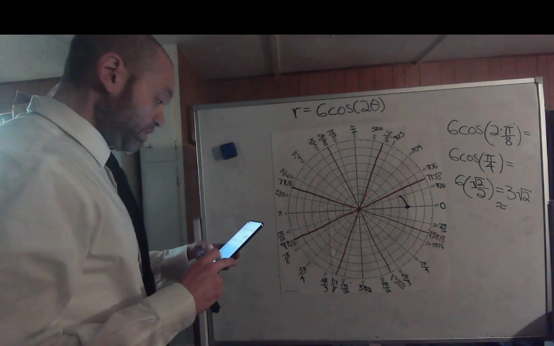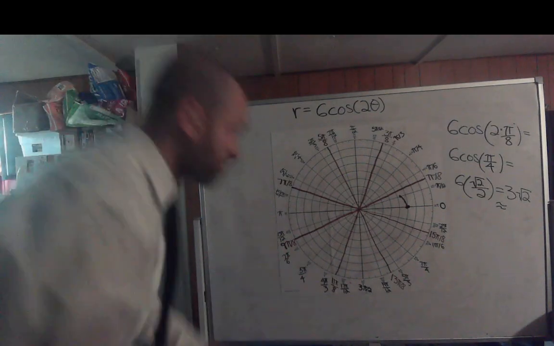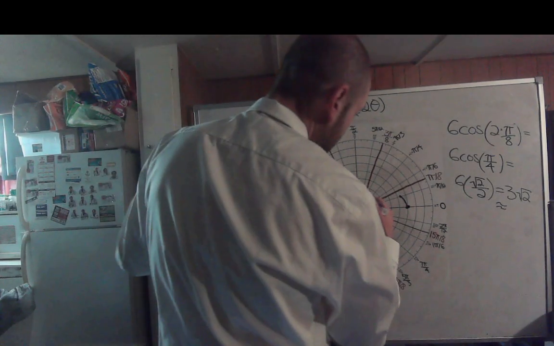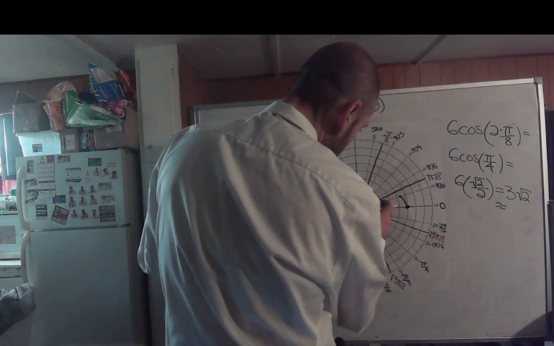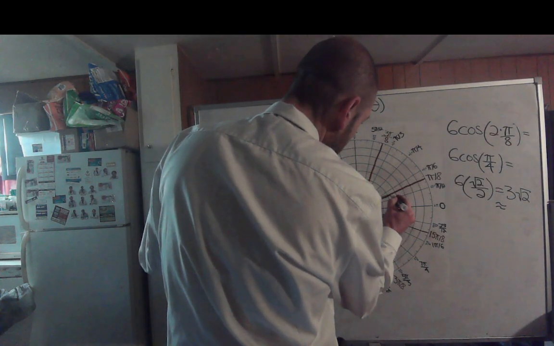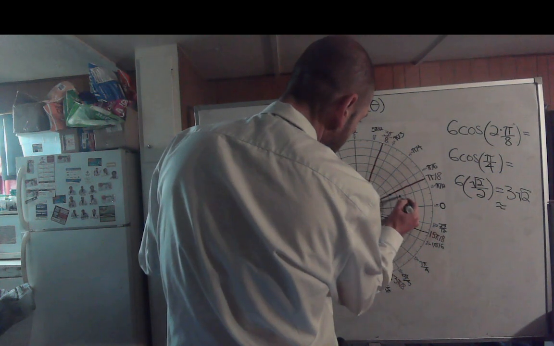Three times the square root of 2, that's going to be about 4.24. So that's going to put me about right there.